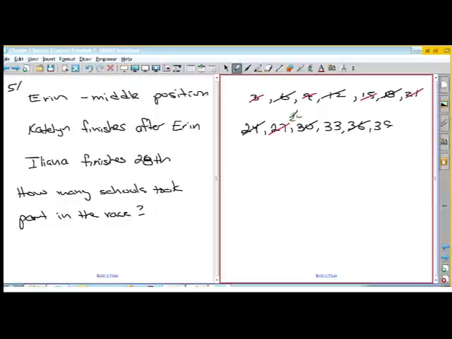So let's see, Ileana is in 28th place. Oh, 19th position. Okay.